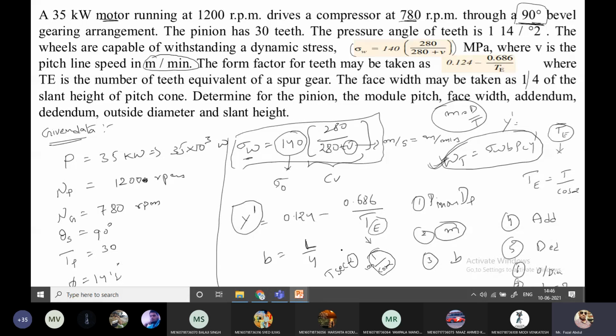Here it is not alpha but theta P1, because we are applying to the pinion, so it should be the pitch angle theta P1. Theta P1 we got 33.03 degrees.